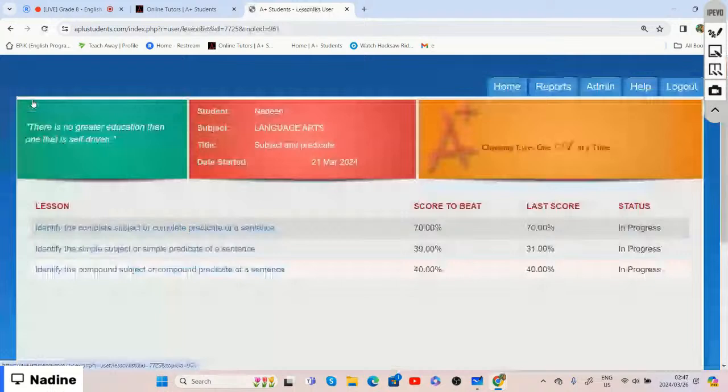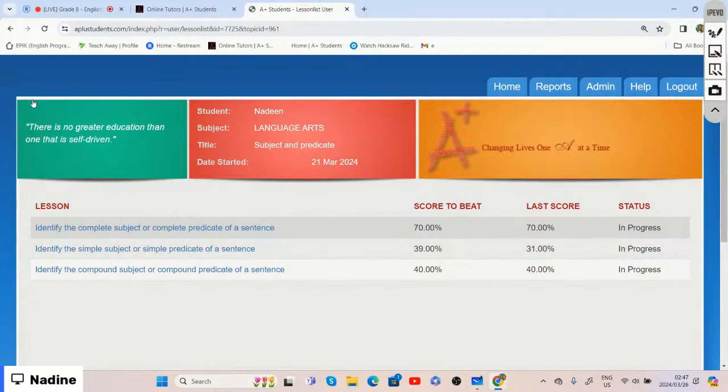All right, so we did subject and predicates, and we had to identify simple subjects as well as simple predicates, and then also compound subjects and compound predicates. A simple subject just tells us who or what is doing the action without any other added words that describe or modify that subject.